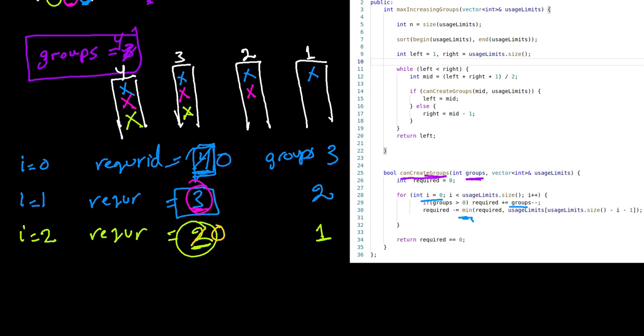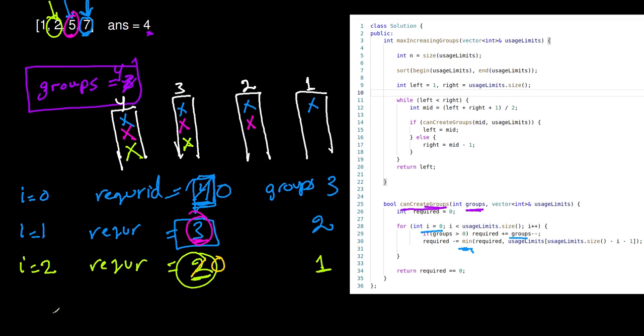Then I equal 3. Required equal the number of groups, which is 1. Groups minus minus is 0. Now for this iteration we need one element, and the last element value is 1.